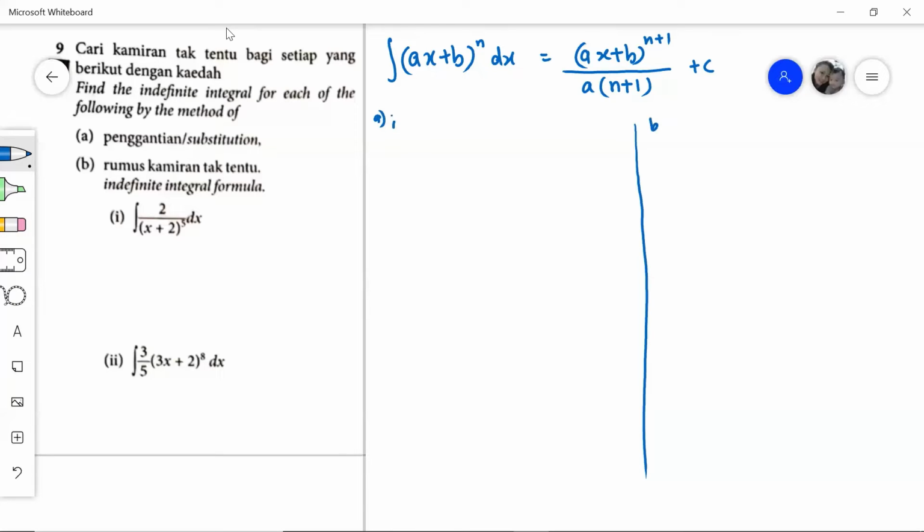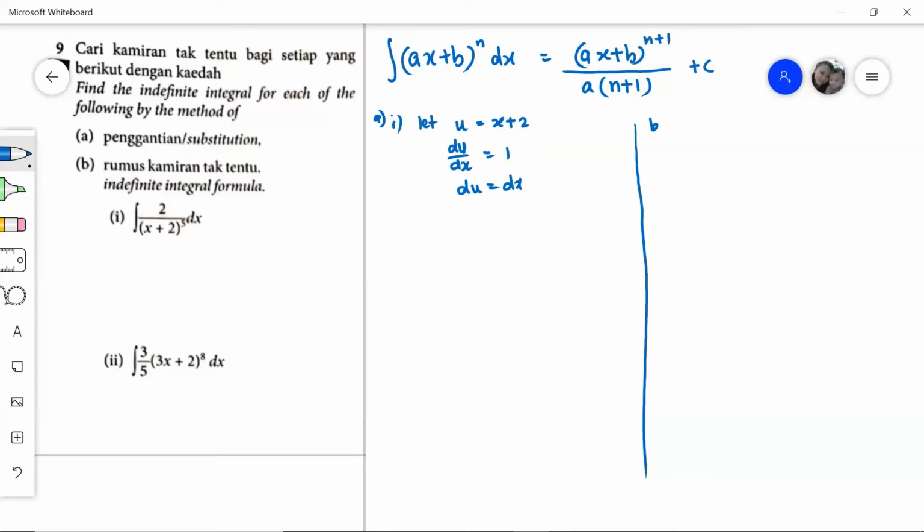For A part 1, we have to integrate 2 over x plus 2 to the power 5. So we let u be x plus 2. Therefore, du, differentiating u with respect to x, we get 1. Therefore, du equals dx.